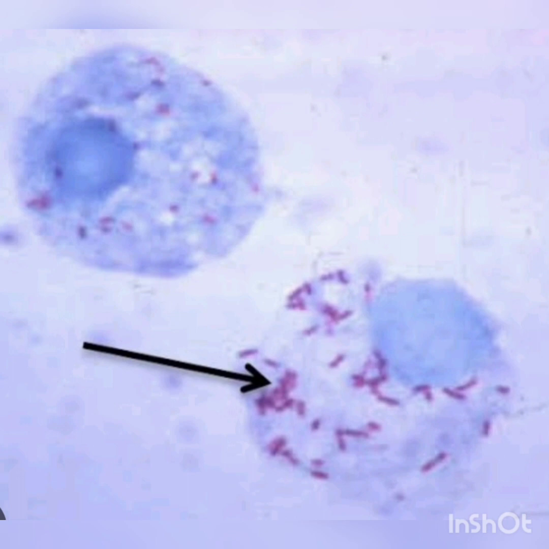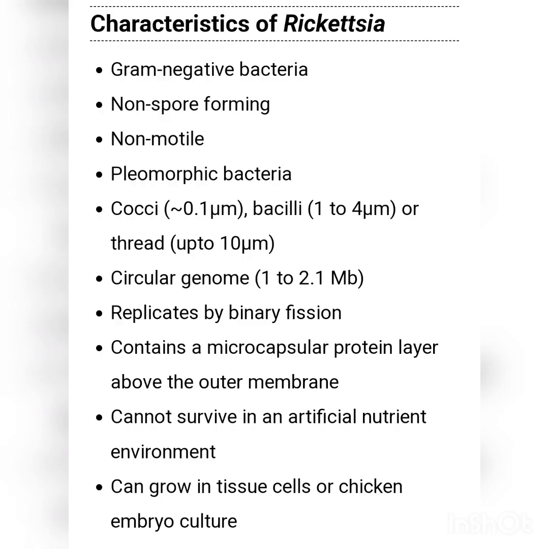So you find Rickettsiae bacilli in the alimentary canal of lice, fleas, ticks and mites. In vertebrates, including human beings, they infect the vascular endothelium and reticuloendothelial cells. So in human beings, it infects the endothelium of the blood vessels and reticuloendothelial cells.